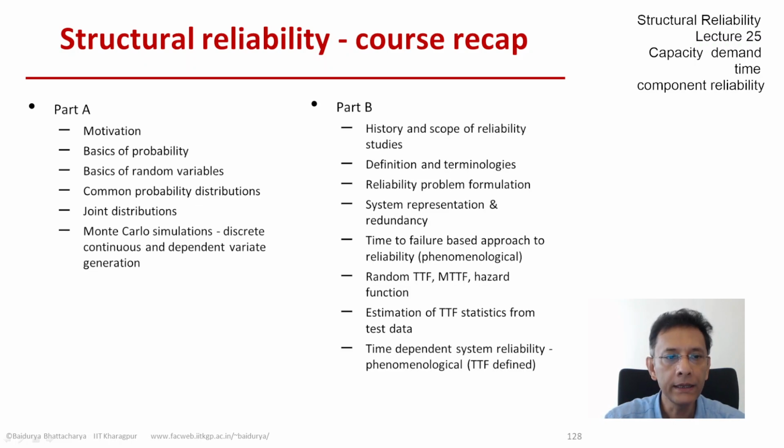In part B, we started with the evolution of the subject of reliability, defined the terms, spent a good amount of time discussing how to formulate reliability problems, and then how to describe systems in terms of its constituent elements or components, and discussed various types of redundancy that a system might have.